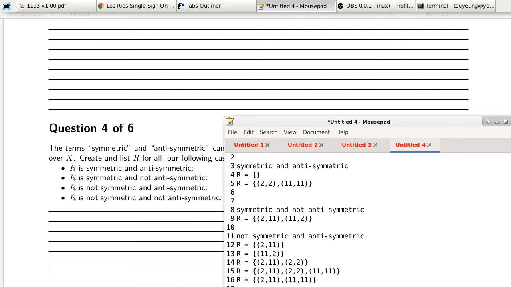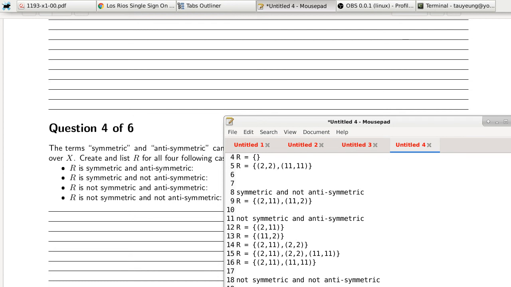But you can also prove this in another way, because symmetric is this. Symmetric says, for all A, B in X, A R B if and only if B R A. That's symmetric.